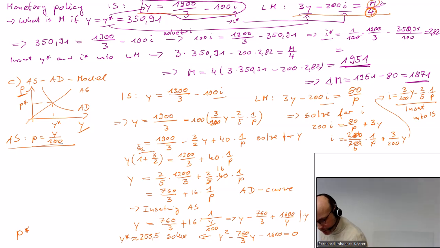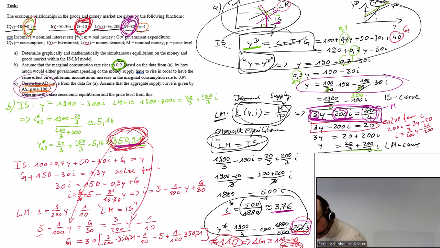Yes, here, for example, this would be the easiest one, just in the IS coefficient. So this would be then 259.5 over 100, which is roughly 2.6. Okay, that's it.